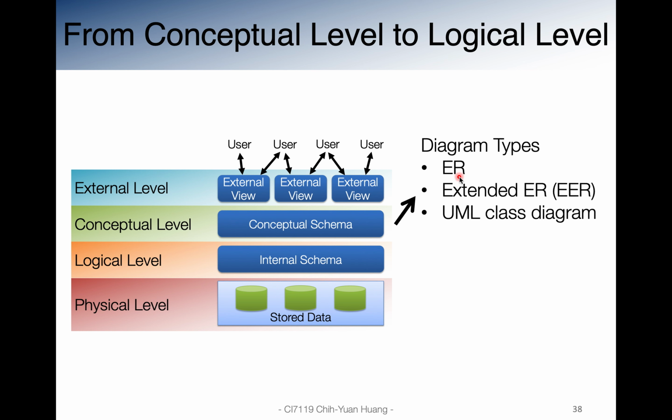For example, the ER model that we mentioned earlier, and there's the extended ER model, called EER, that supports different ways to represent certain relationships, and you could also use the UML class diagram to describe the conceptual data model as well.